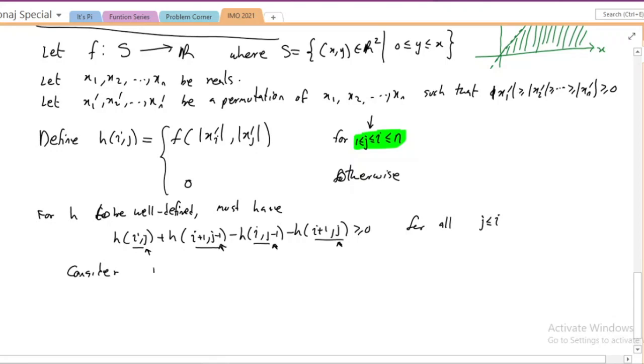So we consider the range j from 1, and of course we already have this, and then up to n. So we still consider this range. Otherwise, all terms will be 0.